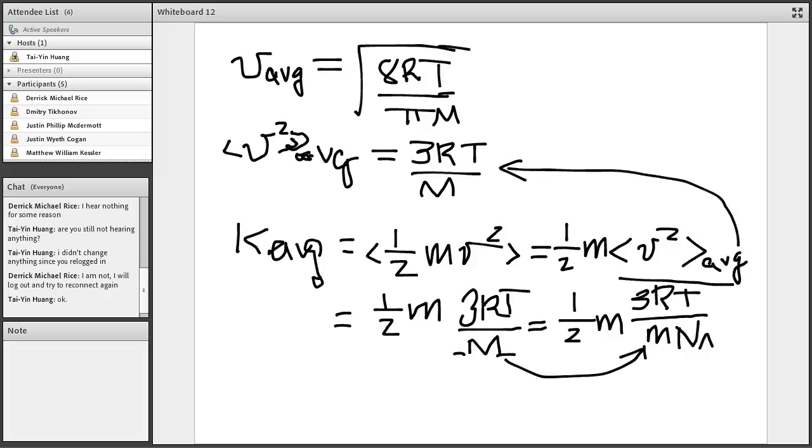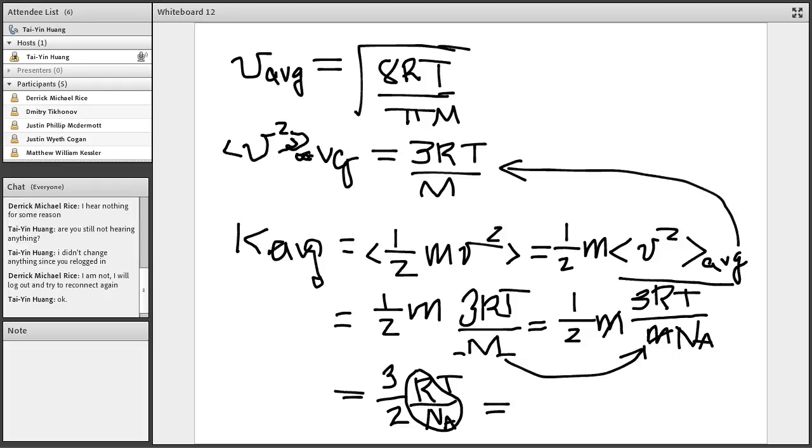So you can see that your m cancels. What's left is just 3/2, and then times RT over N_A. So what is the gas constant divided by the Avogadro's number? If you recall, that is just the Boltzmann constant. So this ratio is just the Boltzmann constant.